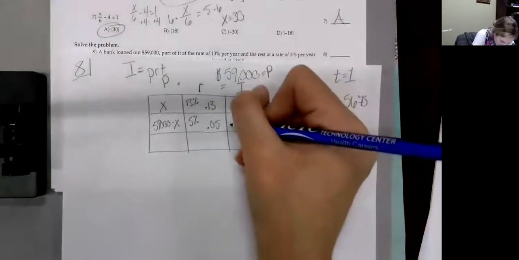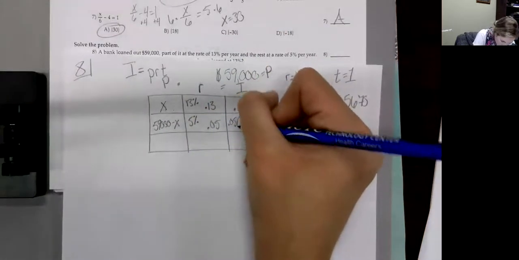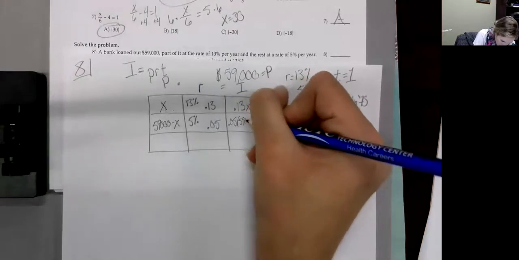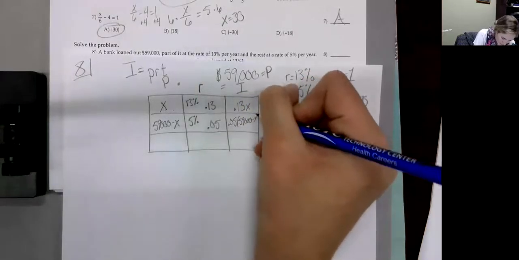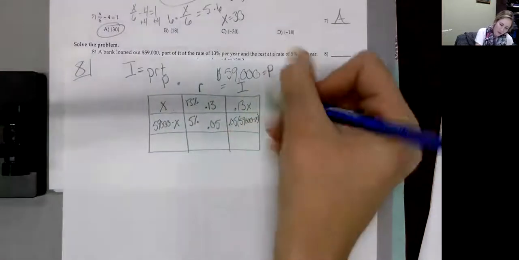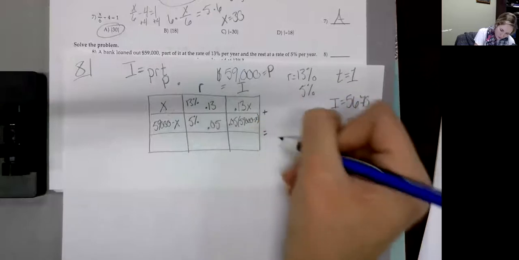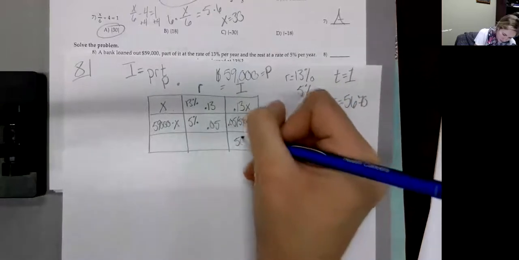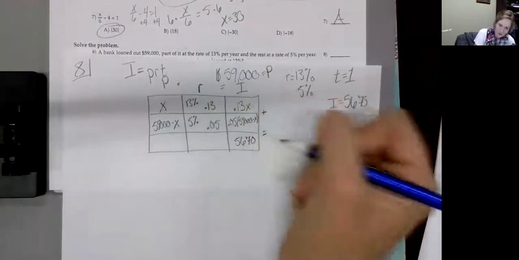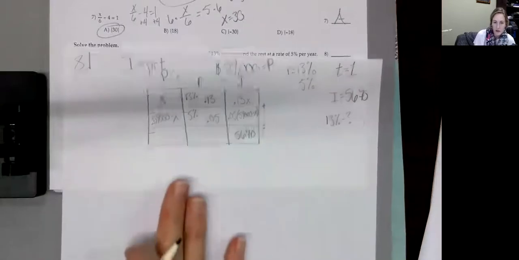So then on this one, we'd have 0.05 times 59,000 subtract X. And I know when I add these two together, it's going to equal my interest, which is $5,670. So now I can set my equation.